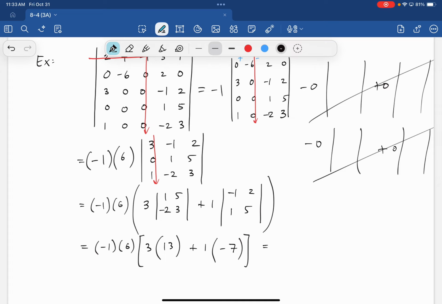So what am I left with? 32. Negative 6 times 32, which is equal to negative 192. So that's my answer. So do you just keep doing it until it gets to 2 by 2? Yes.